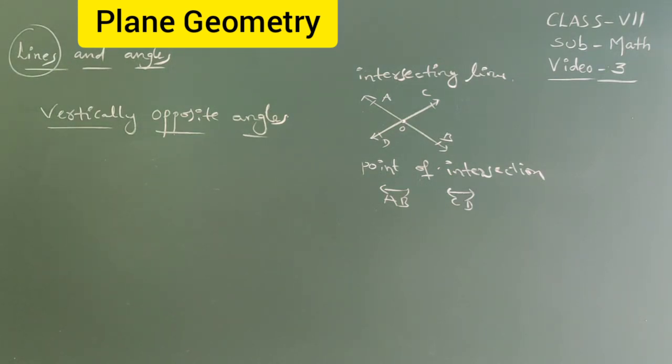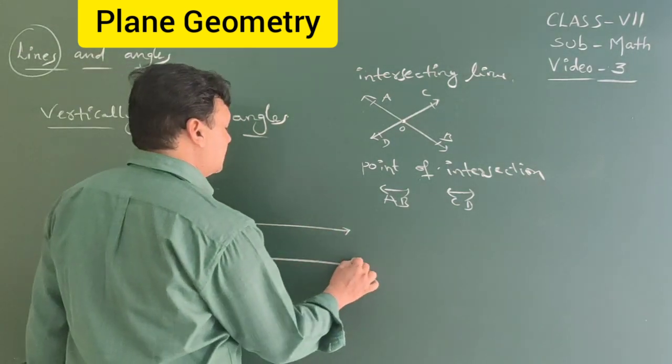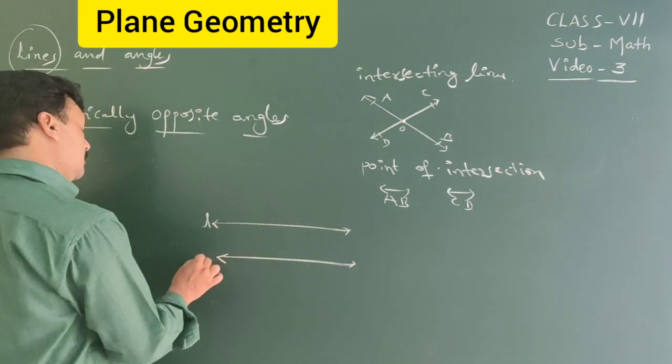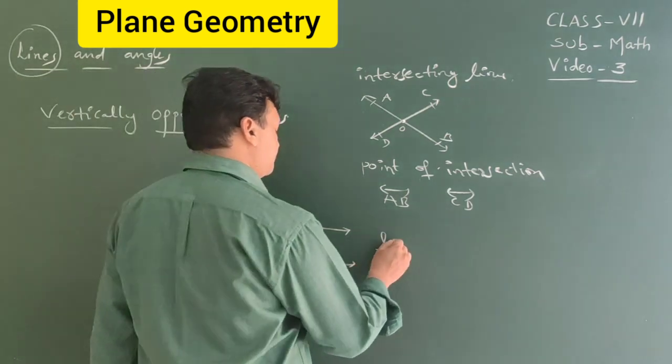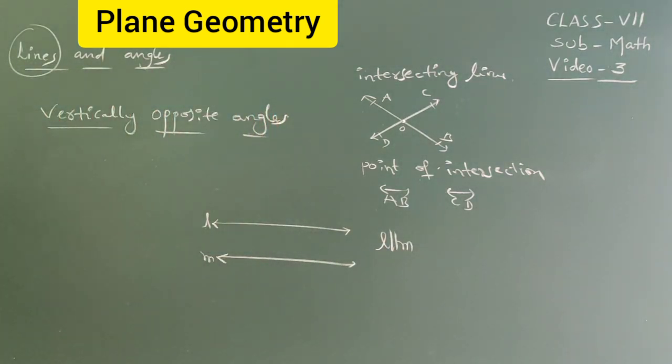The point of intersection here is O. Two lines that never meet at any point are called parallel lines. There is no point of intersection between the two lines, then they are called parallel lines.